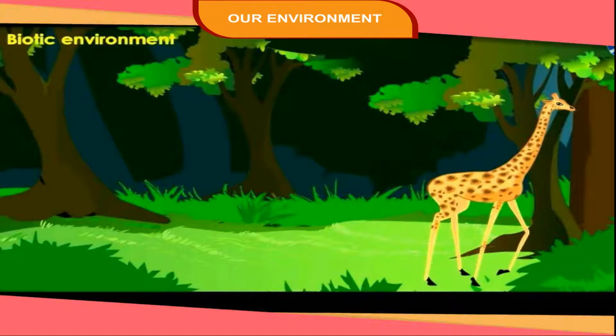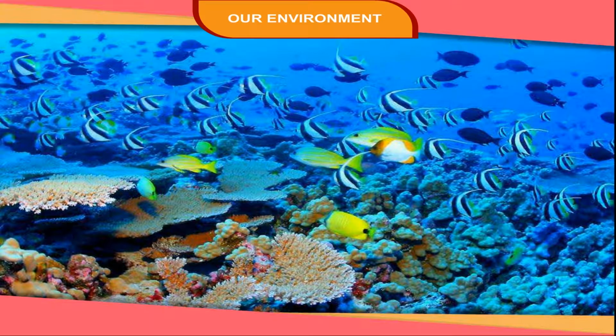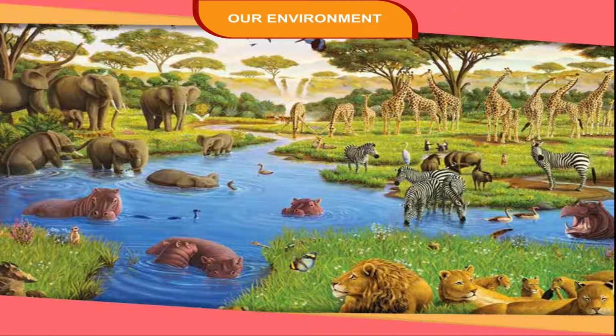Biotic environment. It is also known as the biological environment as it comprises mankind, plants, animals, and other living organisms. Biological environment largely depends on the physical environment. Both components of environment, that is abiotic and biotic, are inseparable.